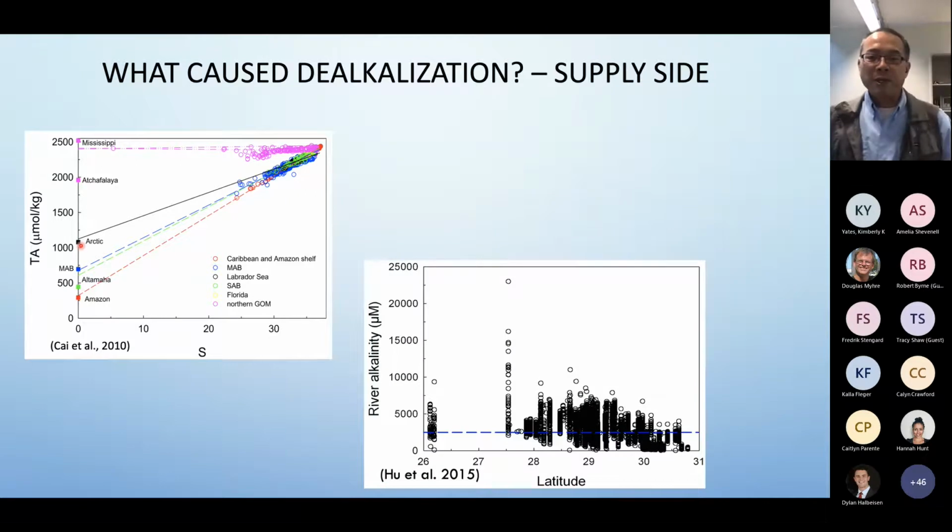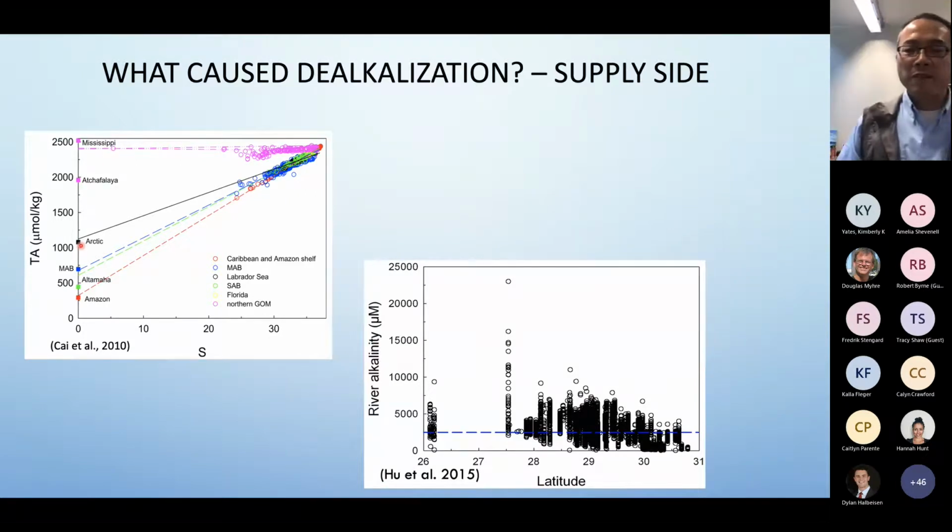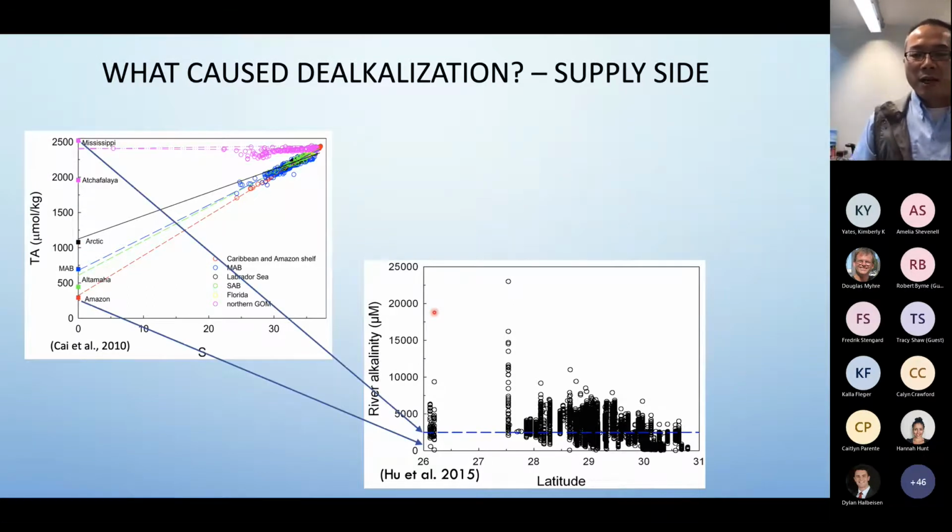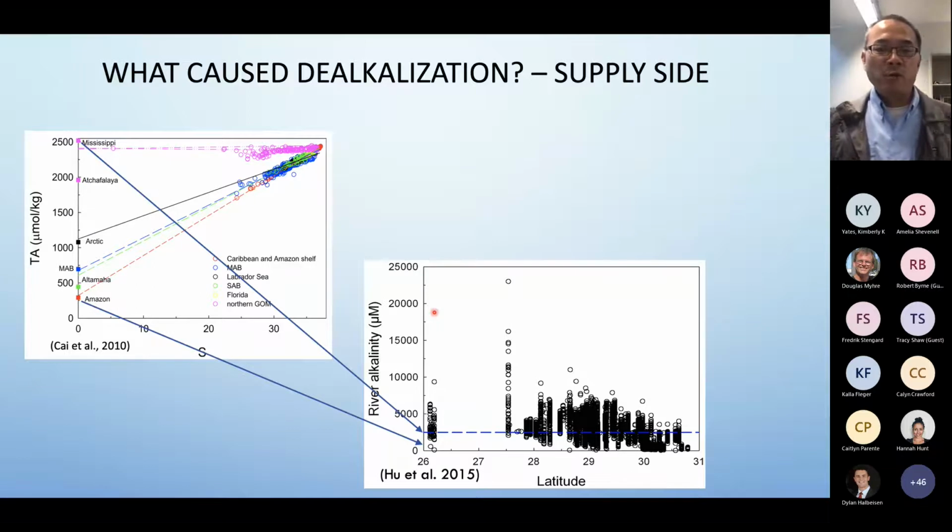Then this was a few years later when I looked at the river alkalinity values. TCEQ, the Texas EPA, not only measures alkalinity in the estuary and coastal water, they also measure across the entire river network. You can see that river alkalinity has a fairly large range in values.